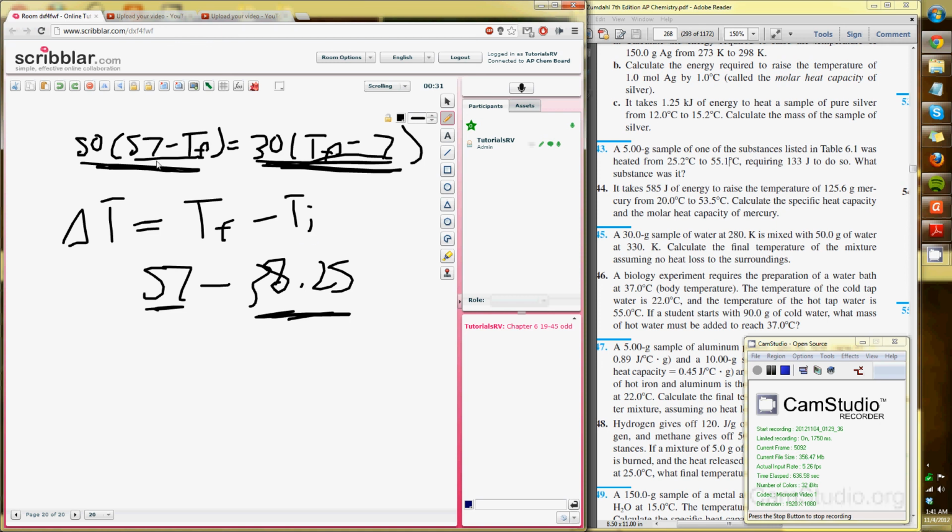I just know that it's heat lost, heat gained, and when it's heat lost, you put it like this, the T initial and T final, because when you subtract them, it would become a loss in energy, and then this would become a gain in energy, because this was the initial -7, and then it gained into the T final.